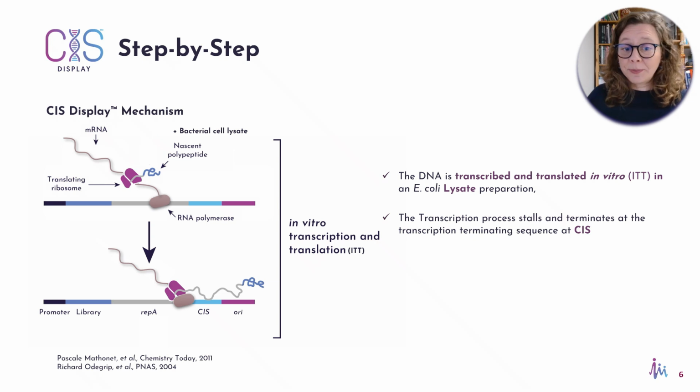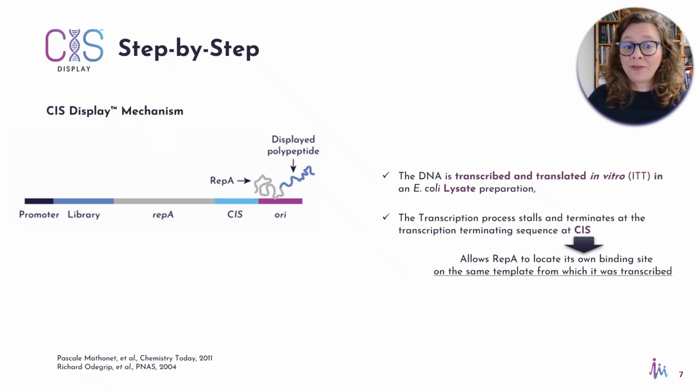So the transcription process will stall and terminate at the CIS region, and this allows for the RepA to find its own DNA-specific ORI binding region. So the peptide being displayed is linked to the very specific DNA from which it was transcribed.